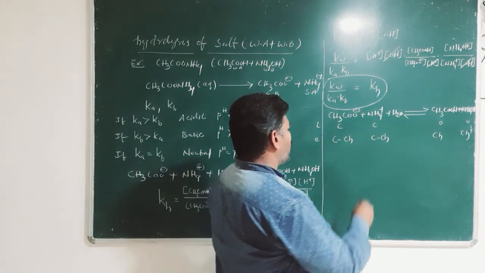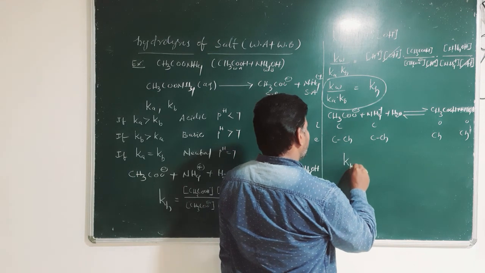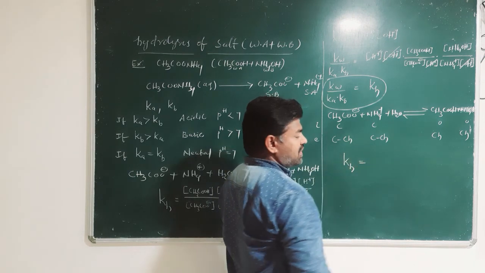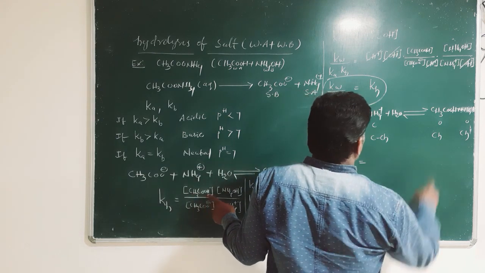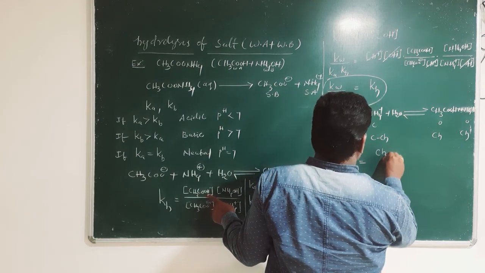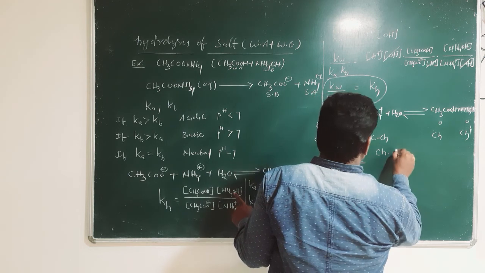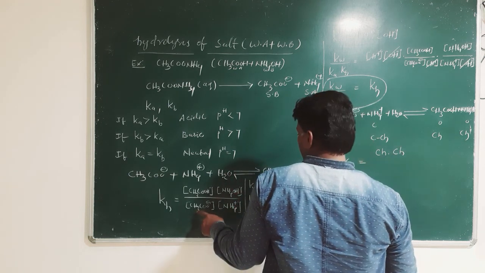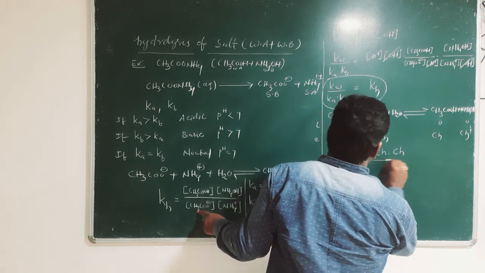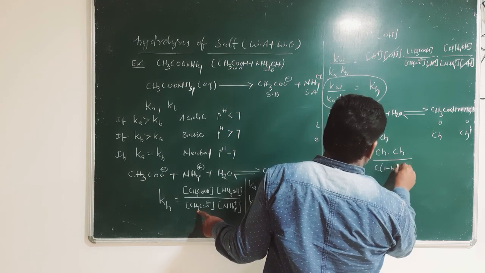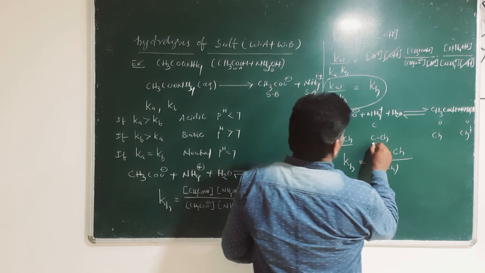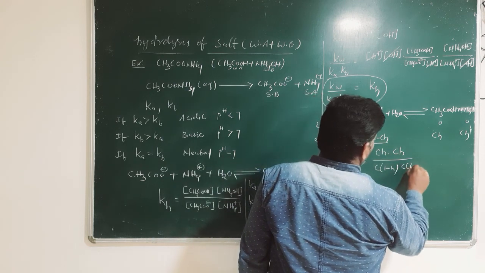Therefore, the hydrolysis constant Kh is equal to the concentration of acetic acid Ch and concentration of NH4OH Ch, over the concentration of acetate ion, which can be written as C into 1 minus h, and the concentration of NH4 plus, which can be written as C into 1 minus h.